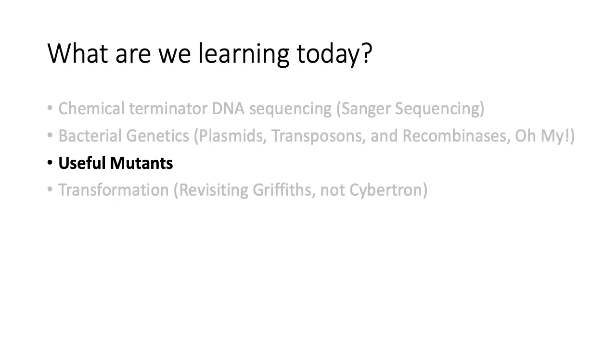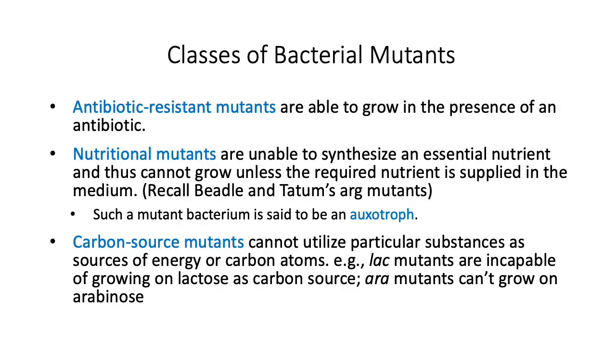So let's talk about useful mutants, and we have already spoken about one of these before. There are 3 different classes of bacterial mutants that are useful to scientists, basically. We've discussed the antibiotic-resistant mutants, and those are able to grow in the presence of a particular antibiotic.